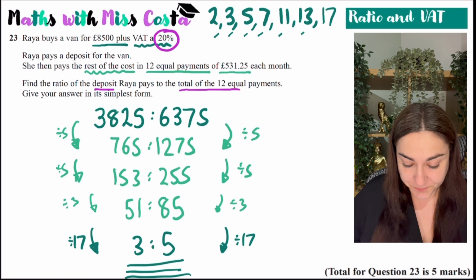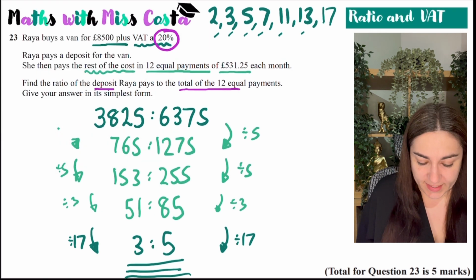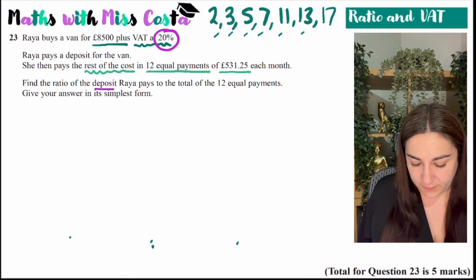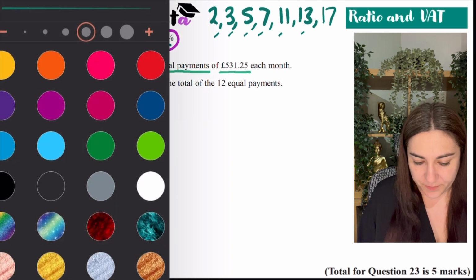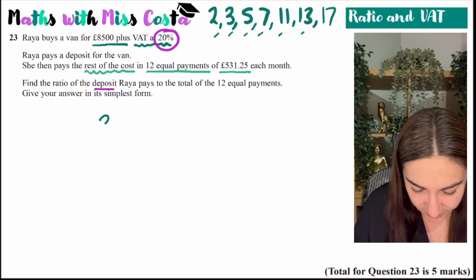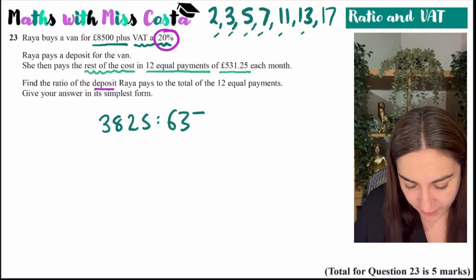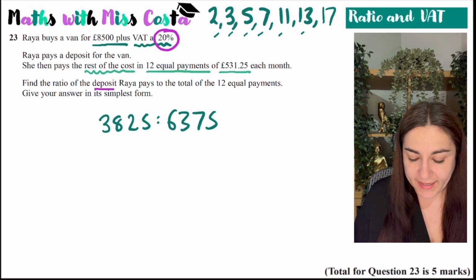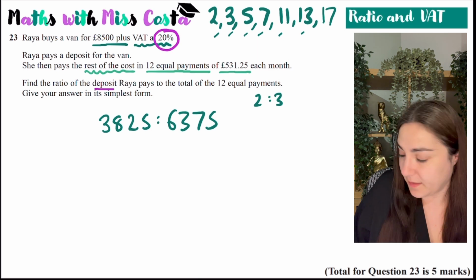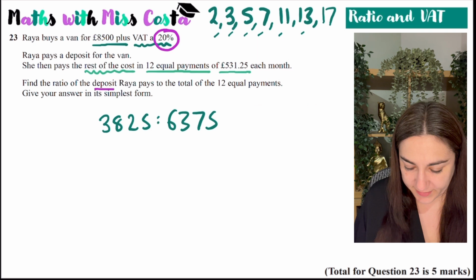to the final part. And I'm just going to show you another way that you can simplify ratios if they're a little bit trickier. So now I've forgotten what the total amounts are. So it was 3825 to 6375. So what I can do, and I'll just show you how you do it with an easier one. So let's say 2 to 3. No, that doesn't make sense because 2 to 3 is already simplified.